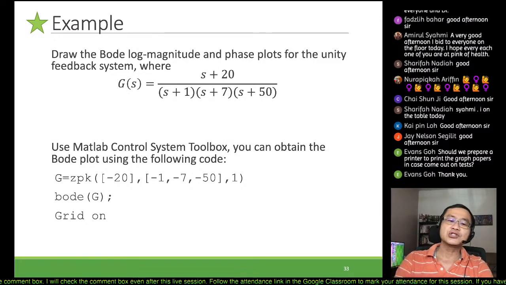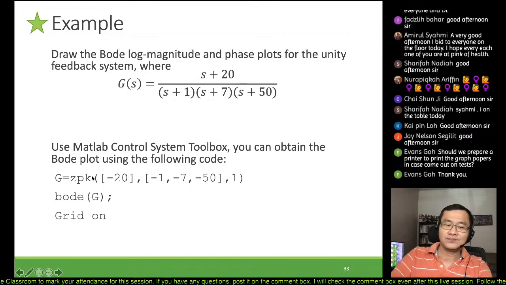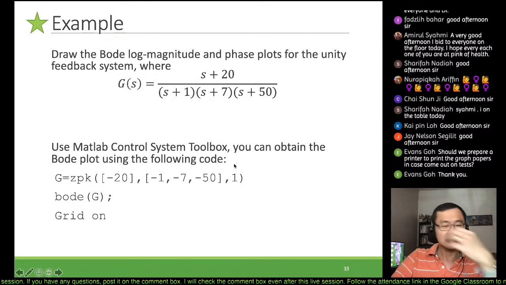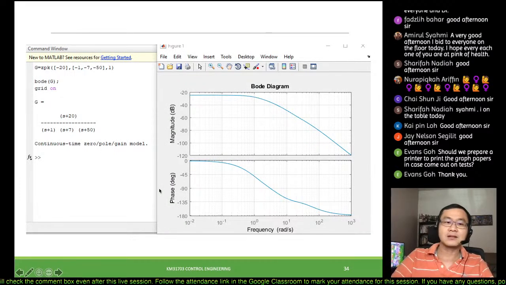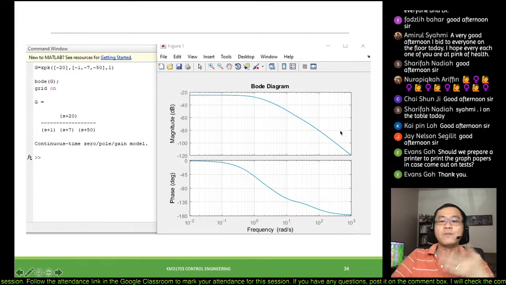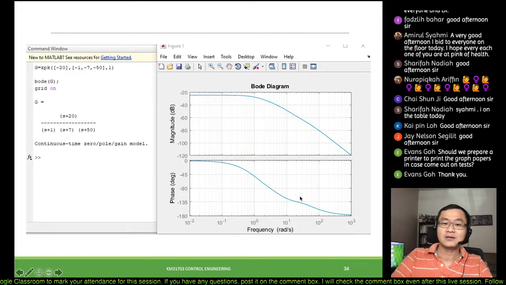Once you have installed the Control System Toolbox, it will plot this ZPK. ZPK is just a form of the numerator and denominator, which it will understand in the form of transfer functions, and then use to draw the Bode plot. So this is what you get in your console: the magnitude plot and the phase plot.